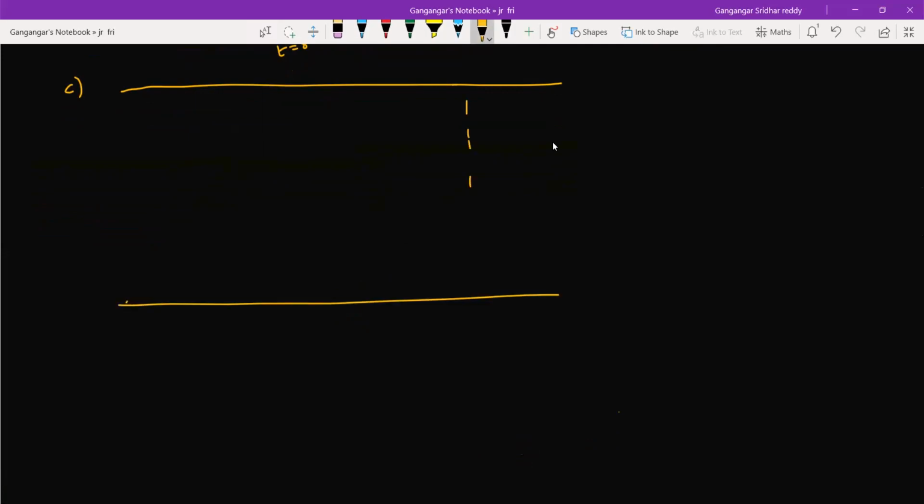Okay, now in this case, we will start at t equals 0. This is the starting point. This will be VSR. This is the river current. This is the width of the river. Now what is the value of VSR?